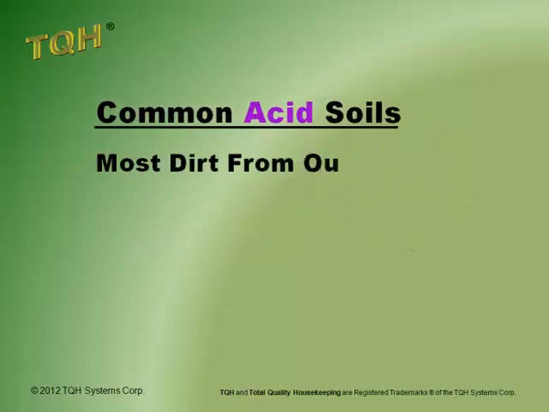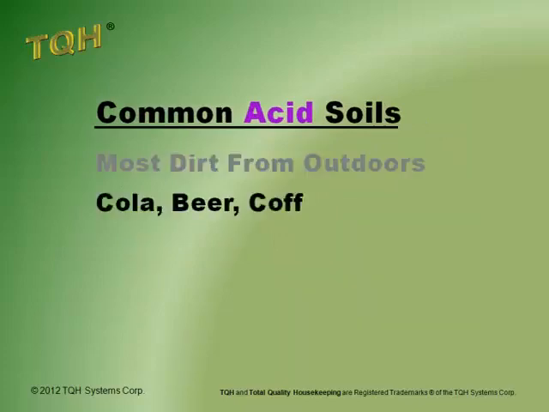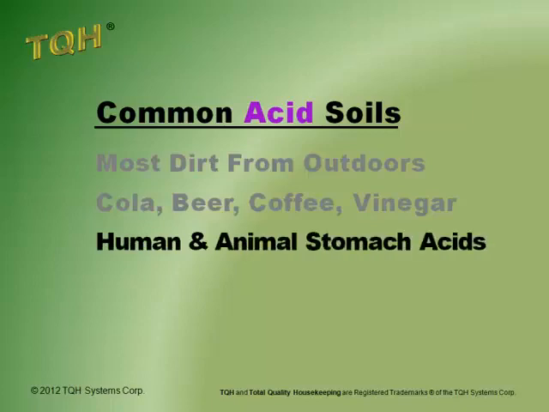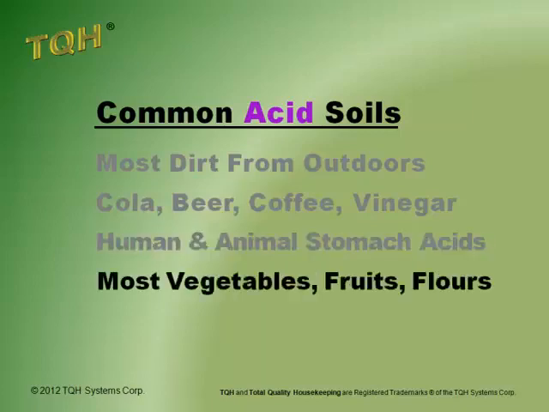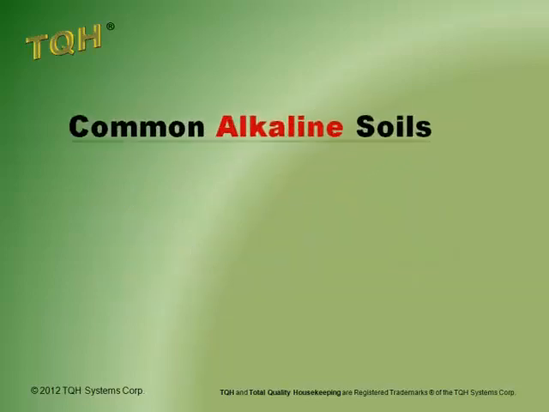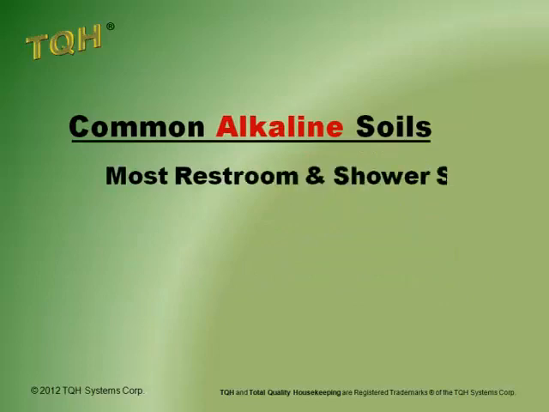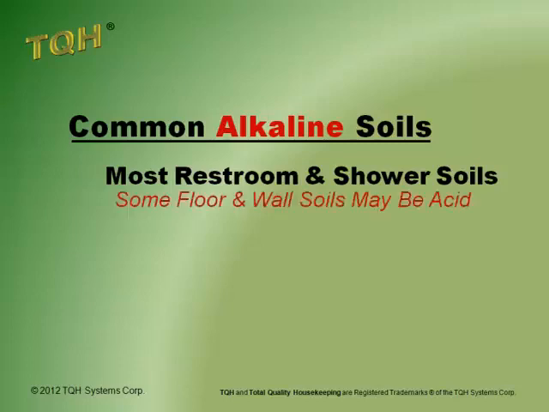Common acid soils: dirt from outside, cola, beer, coffee, vinegar, human and animal stomach acids, most vegetables, fruits, and flowers. Common alkaline soils: soils that you'll find in a restroom, from bar soap and hand soap.